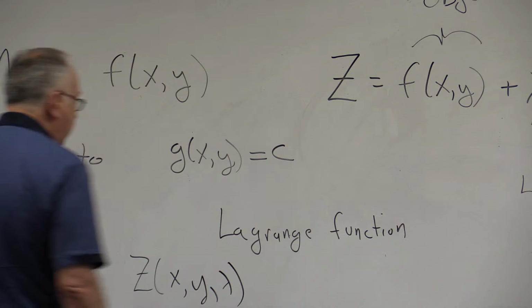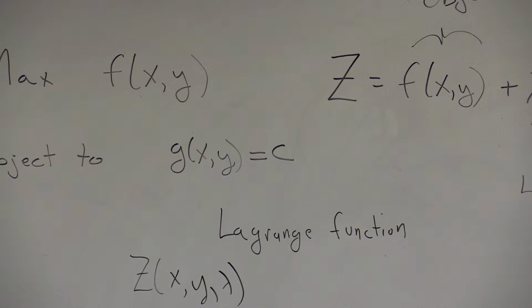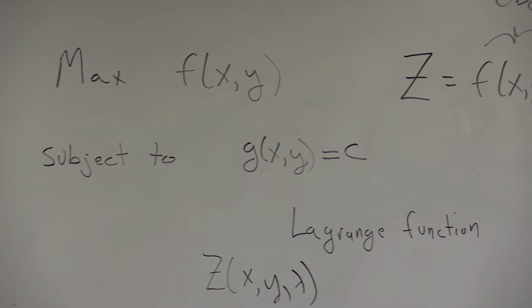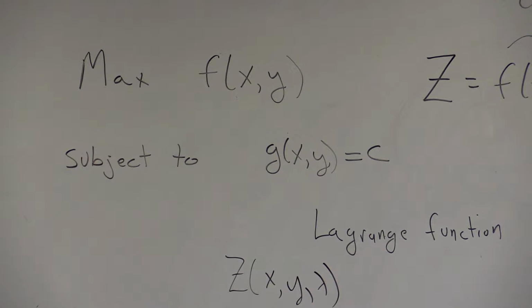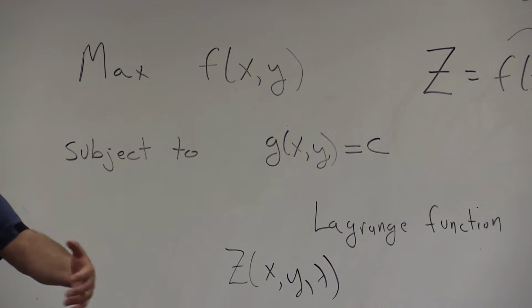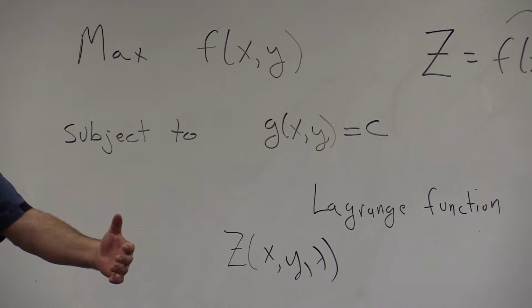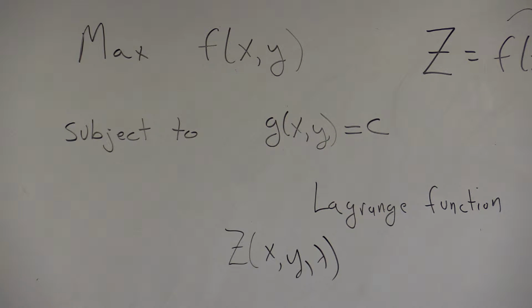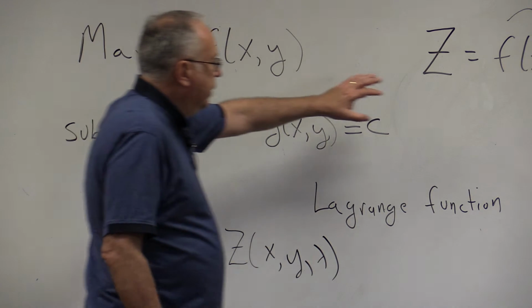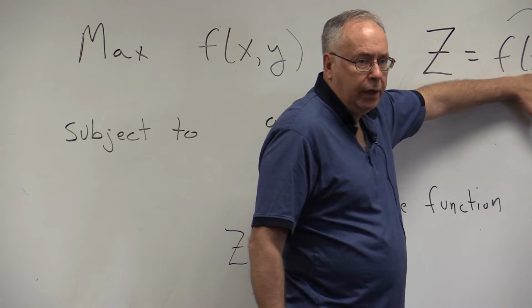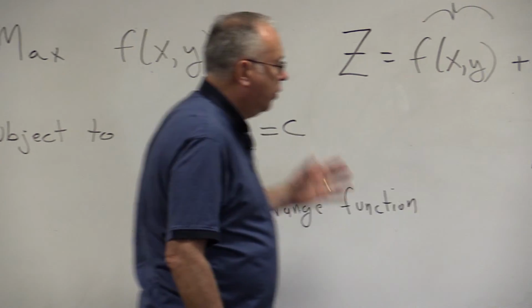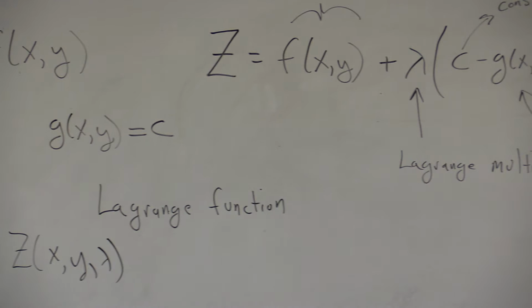Those are the three variables. This Lagrange function introduces the Lagrange multiplier as an additional variable. Notice the objective function only is a function of x and y. But the Lagrange function also includes this variable lambda.